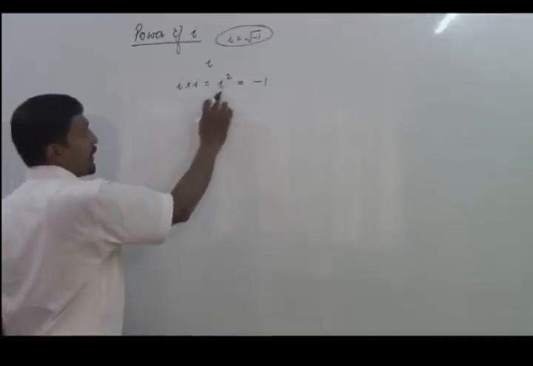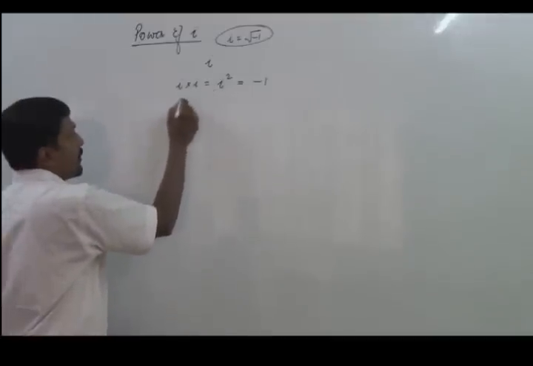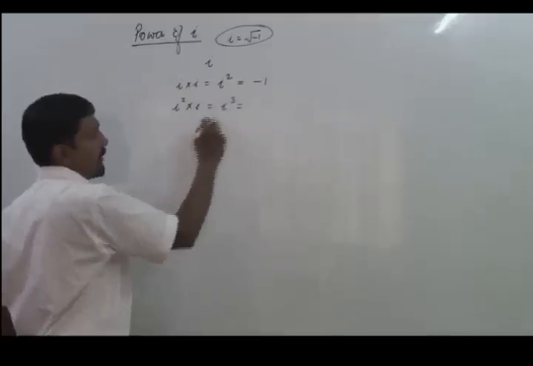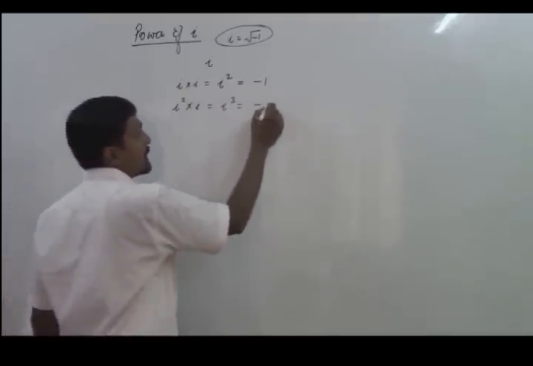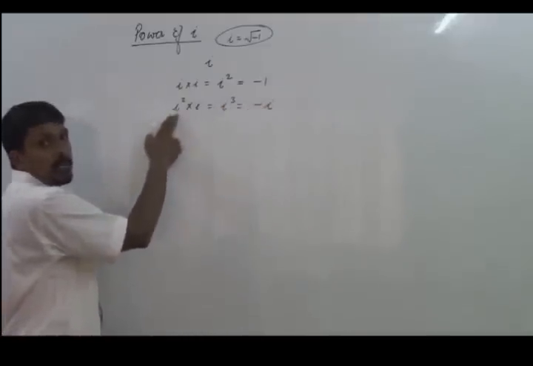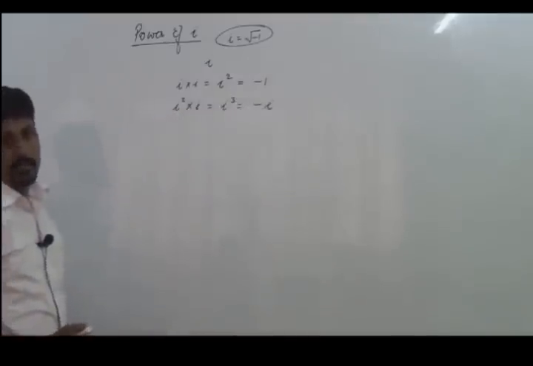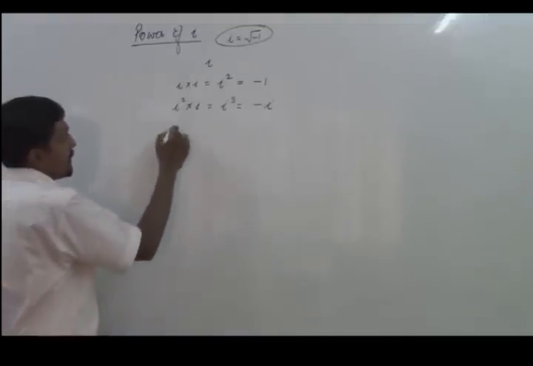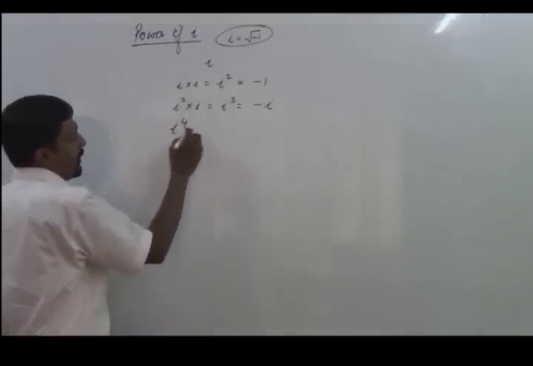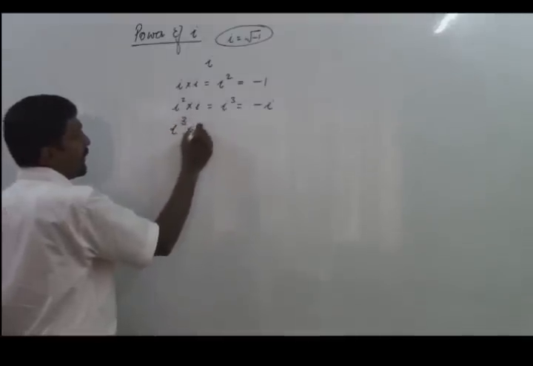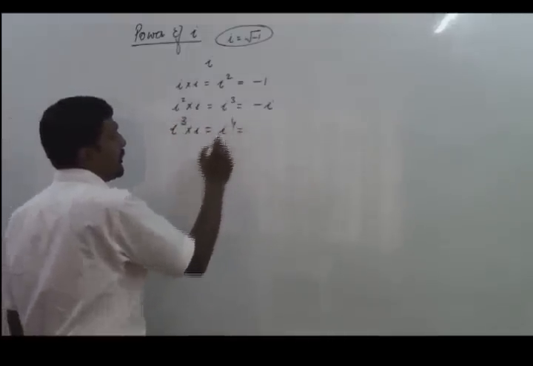Now if we are asking for iota cube, iota cube is iota square into iota. So iota cube is minus iota, since minus 1 multiplied by iota gives minus iota. Third is iota to the power 4, which is iota cube into iota.